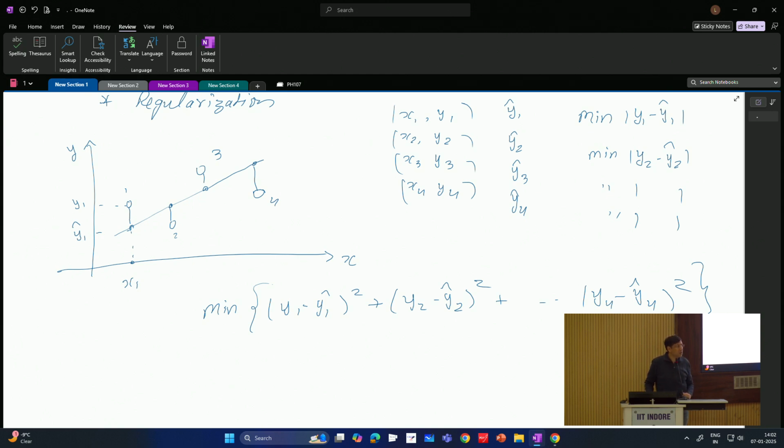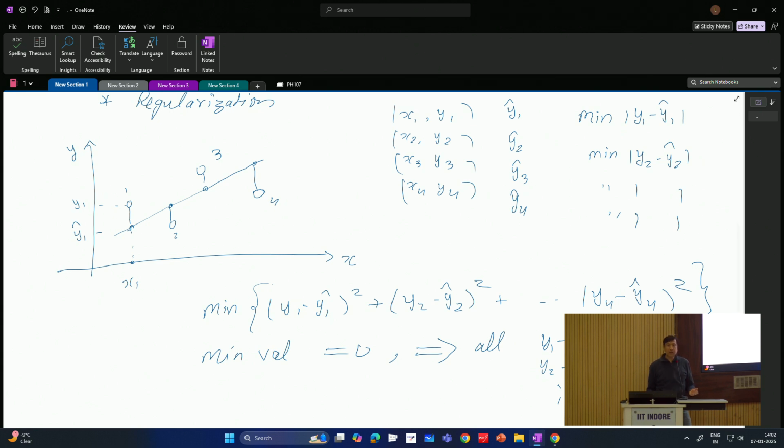It's a sum of squares, so it can't get less than 0. So the minimum value is 0, and in that case all of the individual values have to be 0. Everybody agrees? Otherwise you can't reach 0. If one value becomes negative or positive, it cannot reach 0. So y1 minus y1 hat, y2 minus y2 hat and so forth will all tend to 0. Only then is it possible.